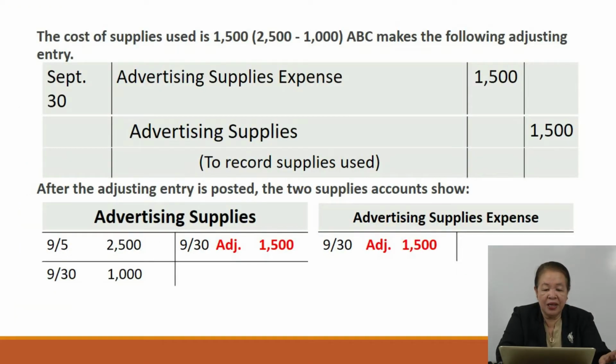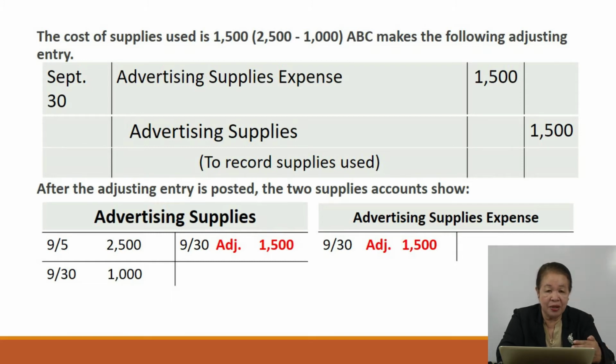The cost of supplies used is 1,500, pero yung supplies na binili 2,500, no? So, magkano yung natira sa assets? 1,000. Magkano yung mapunta sa expense? 1,500. Ano yung magiging adjusting entry natin as of September 30?